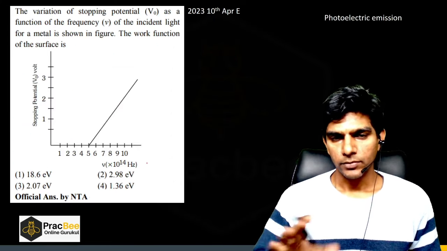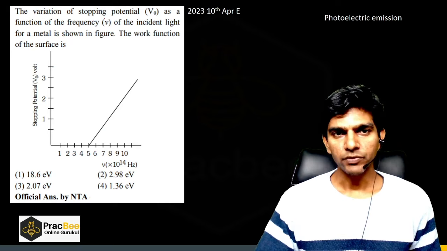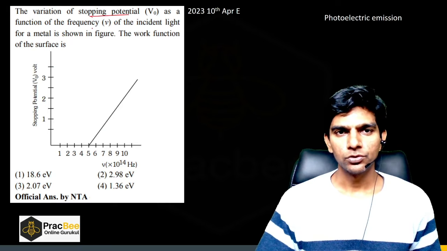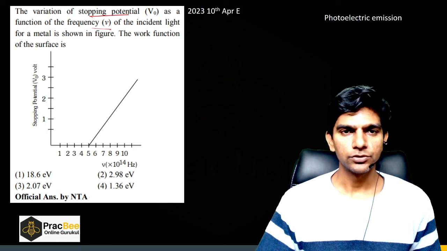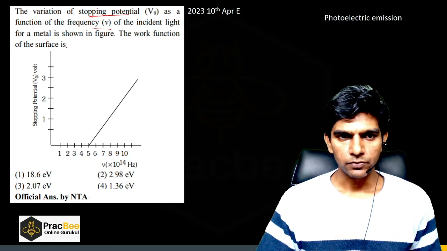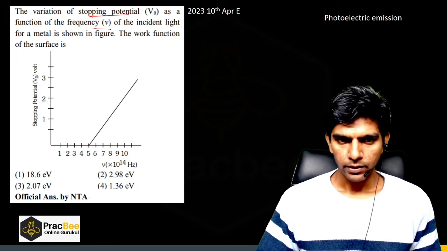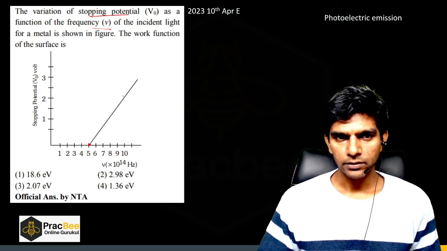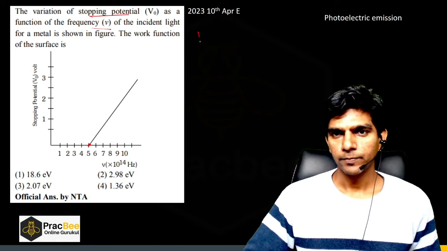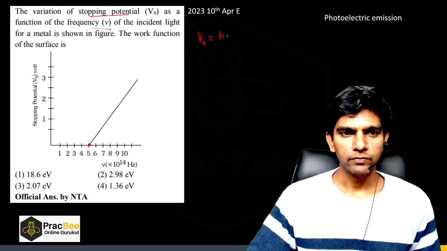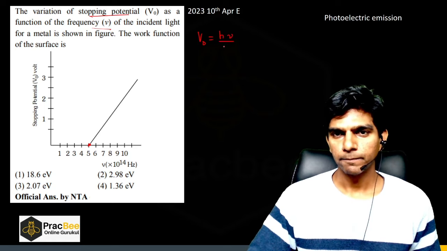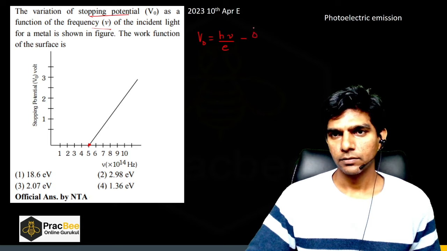Okay, now let us see a graphical question. So we have given the variation of stopping potential as a function of frequency of the incident light for a metal as shown in the figure. The work function of the surface is, okay, so we have to find the work function, right? And can you see what the x-intercept of this graph will give us? So we know that V naught is equal to H nu by E minus phi by E, and we have frequency, right?